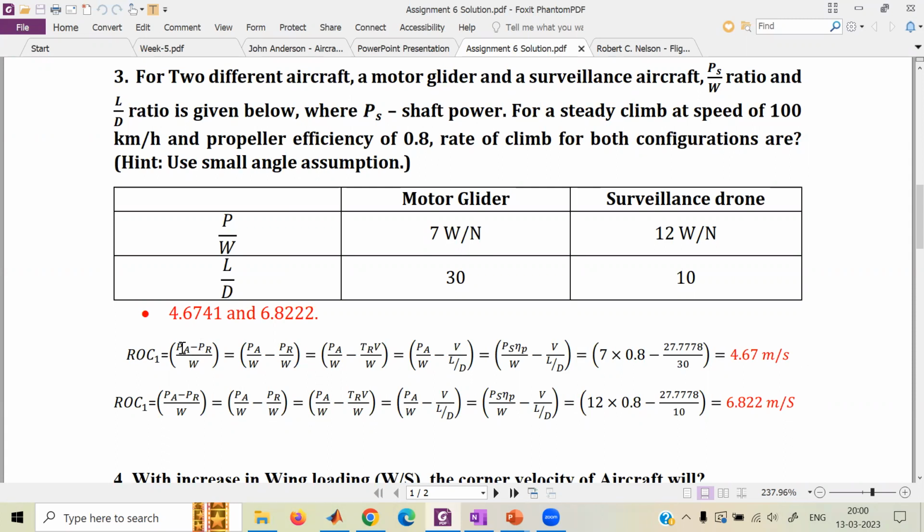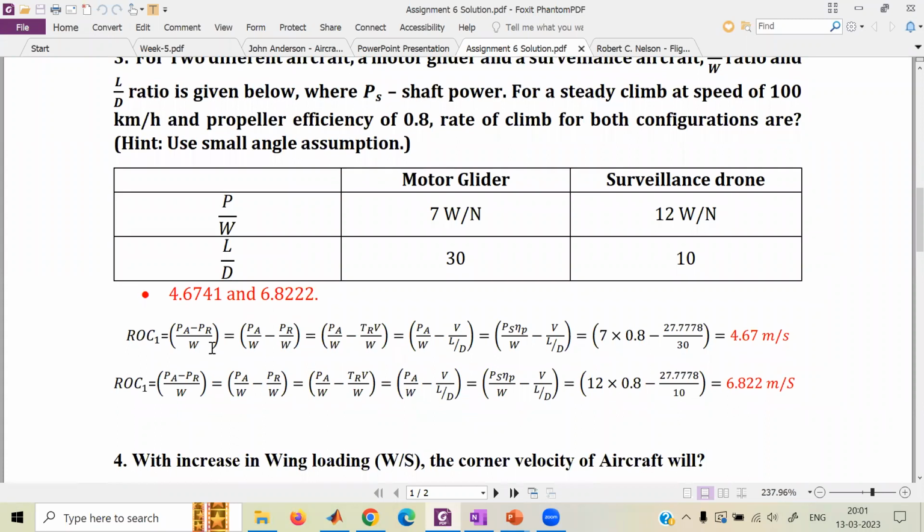You can only climb when you have excess power, which means your engine can produce more power, but you require less power, right? If that difference exists, then only you have a rate of climb. This formula is derived in some lectures. I want to skip it because we are already over the time, and if anyone has a doubt, I can answer it in the next session. But take it for granted, excess power divided by weight is the rate of climb.